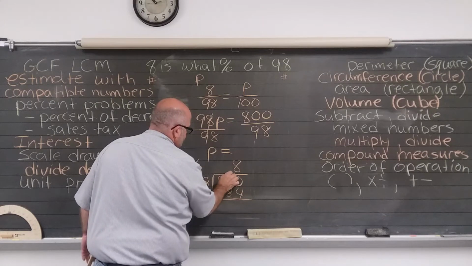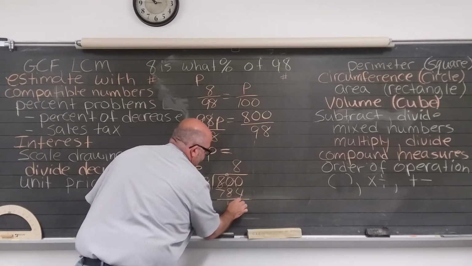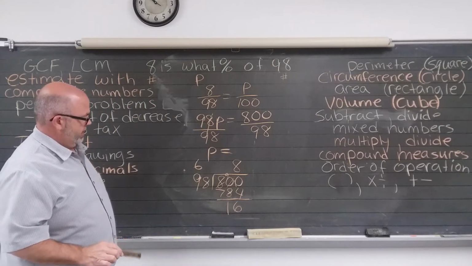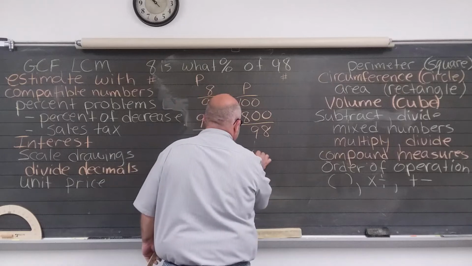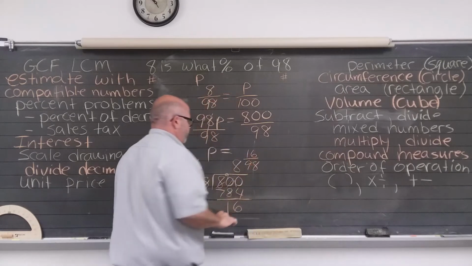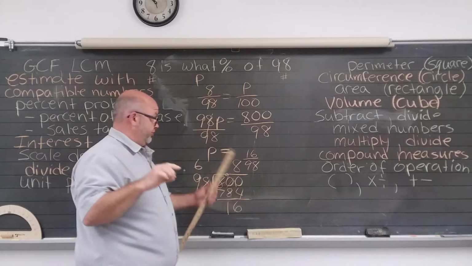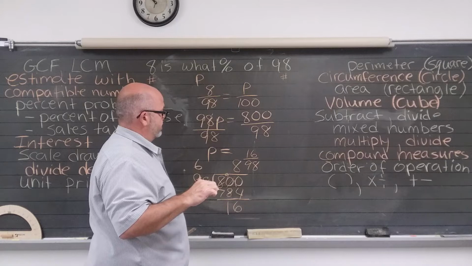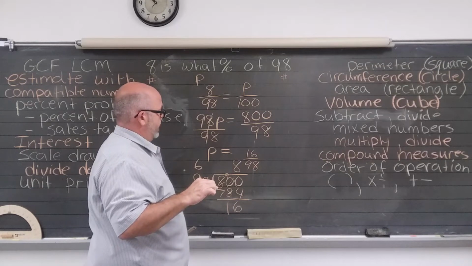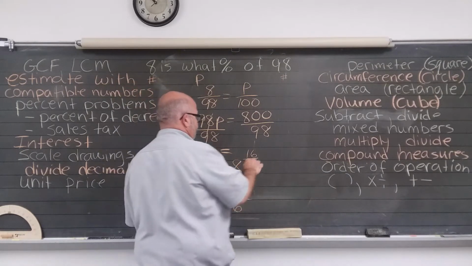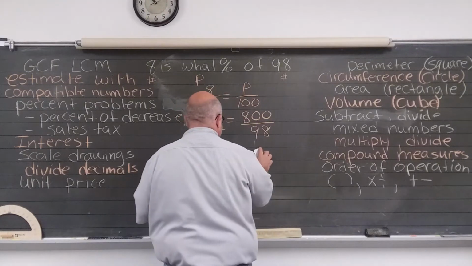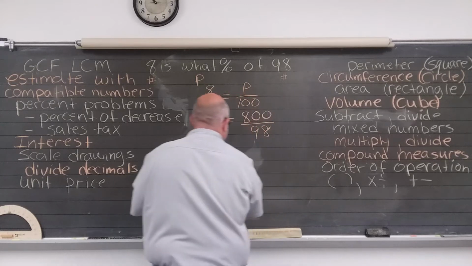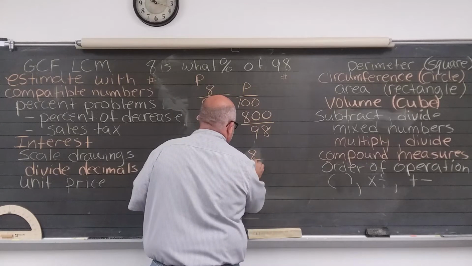It'd be 16 over 98. Reduce that. Okay, again, this will not happen on your test, but reduce this. That would be 8 over 49. So your answer is P equals 8 and 8 over 49%.